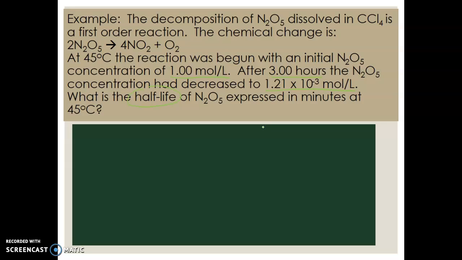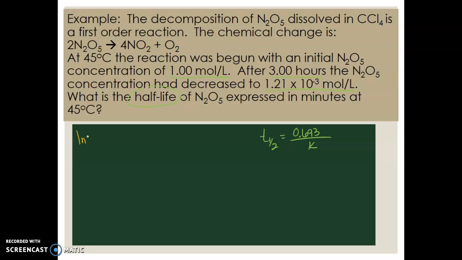So we know that half-life is equal to 0.693 divided by k. The thing is, in this problem, we are not given the rate constant. So we need to use the initial concentration, the final concentration, and the time in order to solve for k.